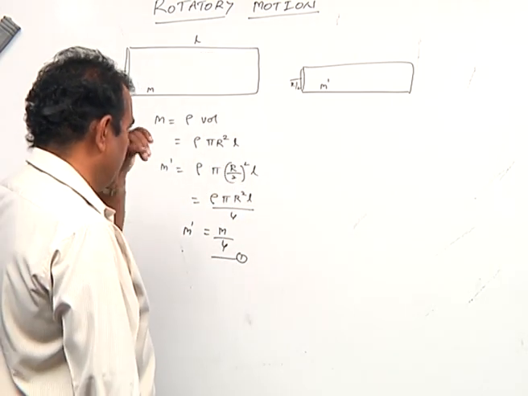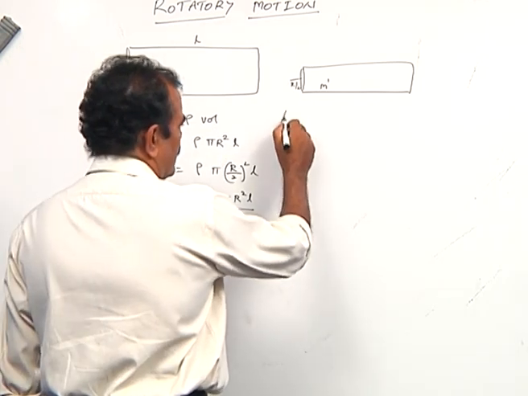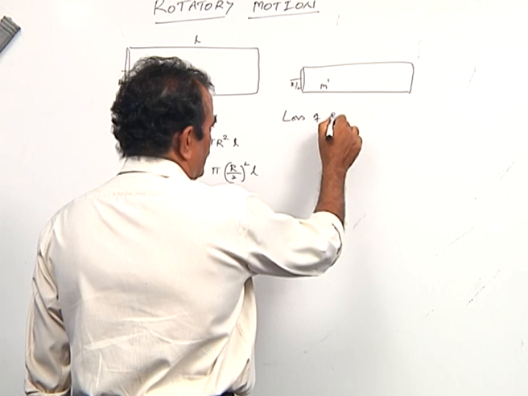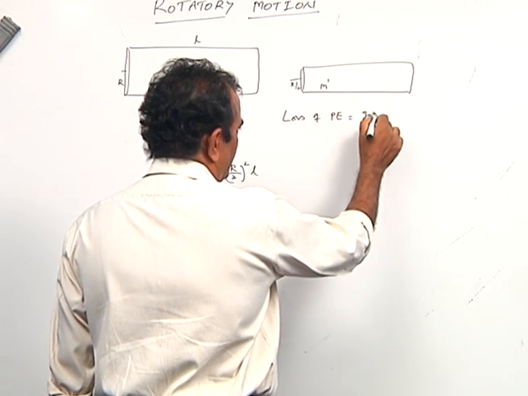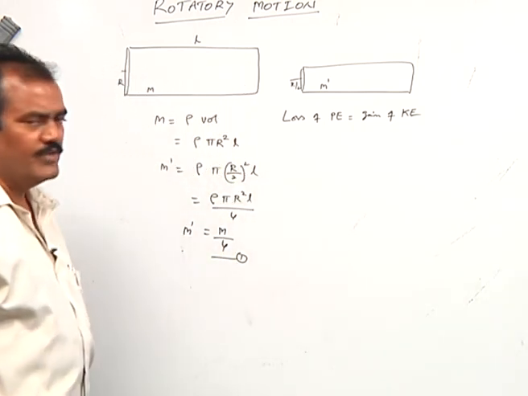Thereafter, when you come to the law of conservation of energy, loss of PE is equal to gain of KE.